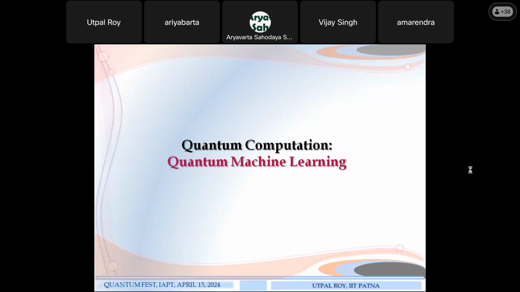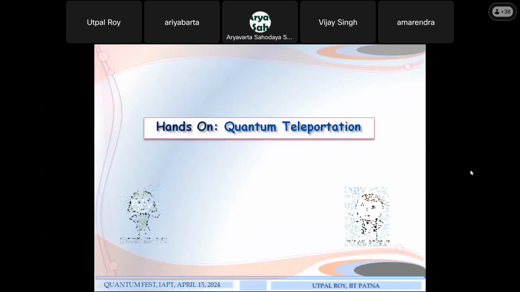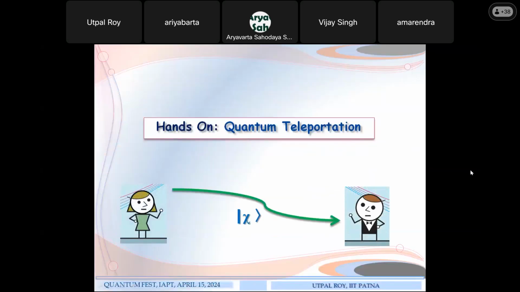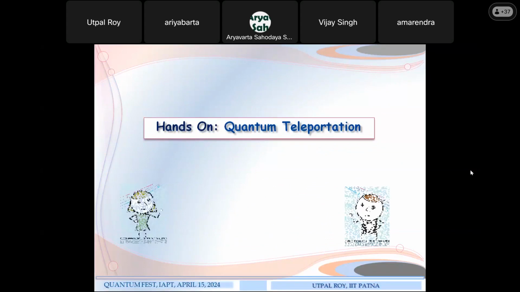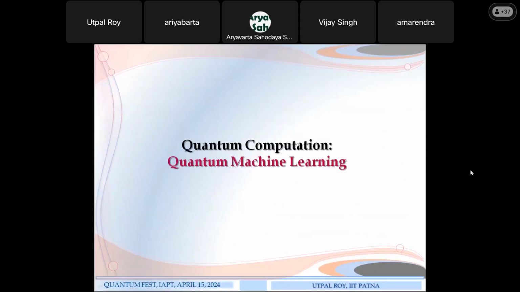So I will start with the previous slide, where I was telling about different quantum circuits for quantum entanglement and teleportation, and then I was moving to another aspect, which is machine learning, which is also a very important field, just like quantum computation.